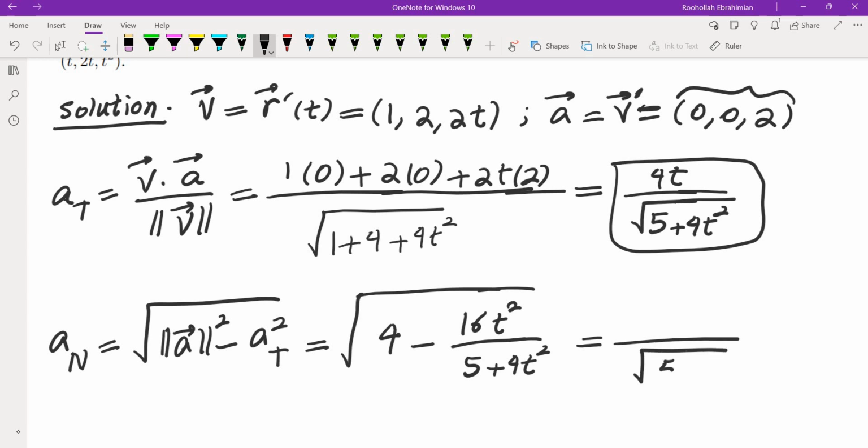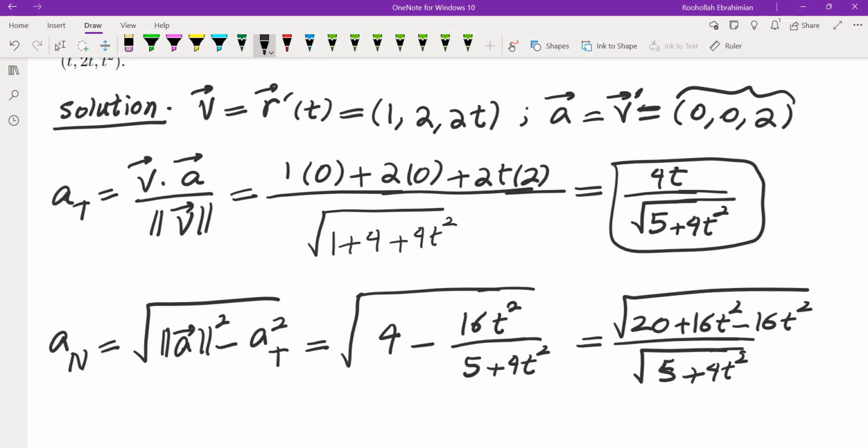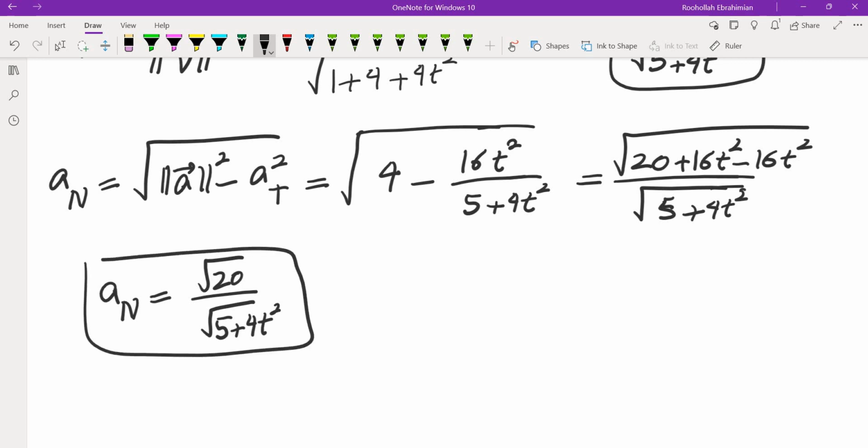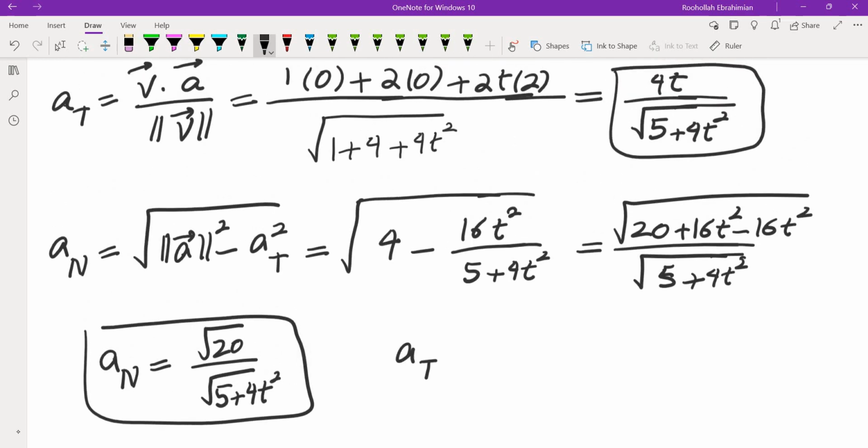The denominator is going to be 5 plus 4t squared, and the numerator would be 20 plus 16t squared minus 16t squared, and we're going to have to take the square root of that. So a sub n is going to be root 20 over root of 5 plus 4t squared, and a sub t was what we found earlier. So a sub t is going to be 4t divided by root of 5 plus 4t squared.